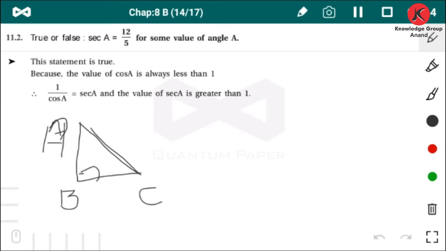We know sec A is equal to hypotenuse upon adjacent.